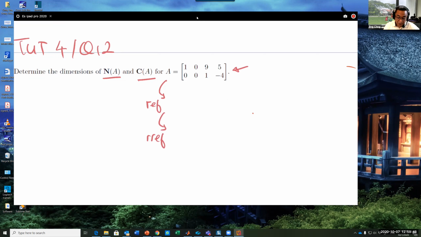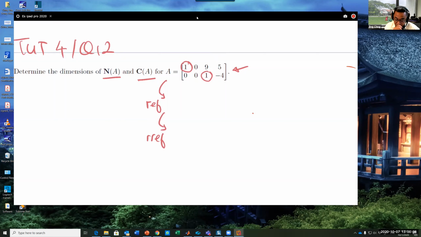The answer is it's only in row echelon form, showing the 2 pivots. It is not in reduced row echelon form because the number above the leading variable is not 0. So in reduced row echelon form, this number will be changed to 0 through elementary row operation.